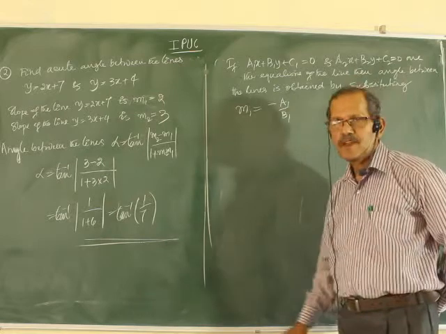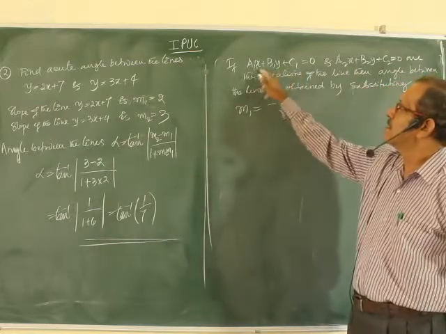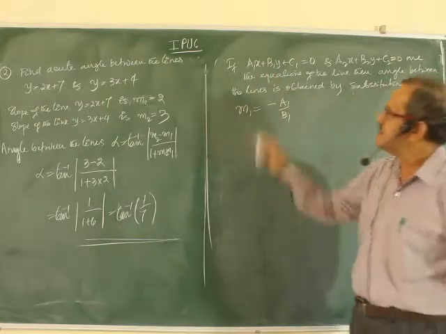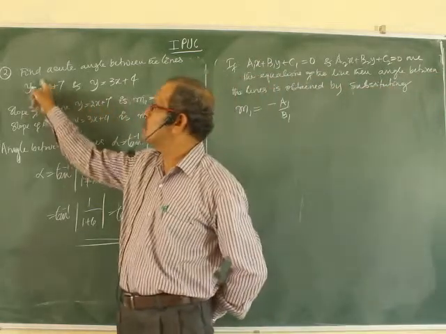See, actually the slope of the line is not m1, it is minus a1 by b1. If it is given in this form, you can obtain the slope directly.